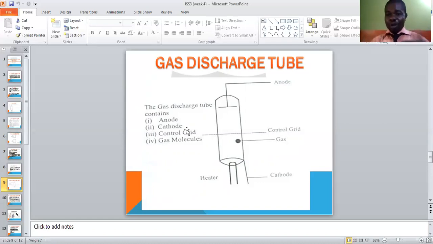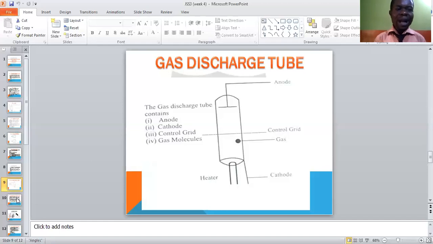Then the grid controls the flow of electrons from the cathode to be received at the anode. That is the work of the grid, remember. But the gas molecule is filled inside. Remember, this is a plate. It could be a metal plate or any other perforated plate that is used. That is the container, the outside of it.